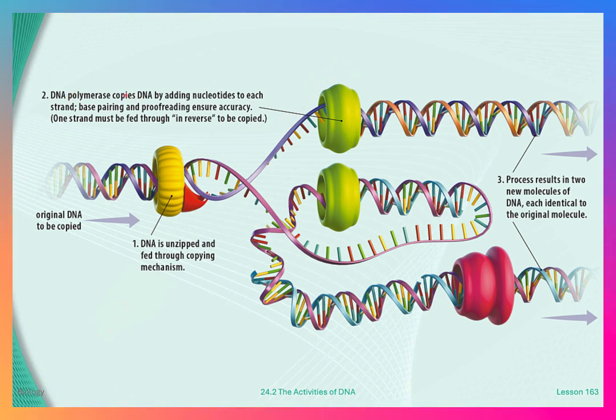And then DNA polymerase, in the second step, comes along and begins to copy and produce a complementary strand of DNA. Because these strands complement each other, in the end you have two strands that are identical. And then the last part of the process is you end up with two DNA molecules. Each of these DNA molecules is identical to the original DNA molecule.